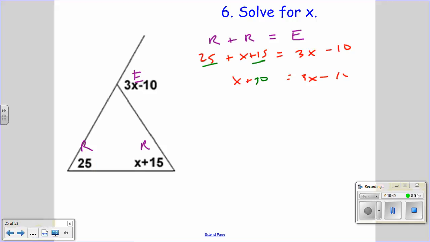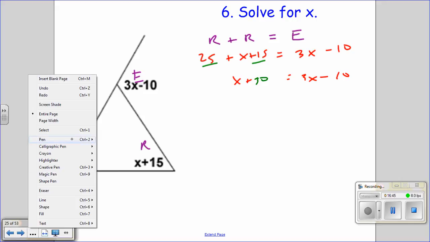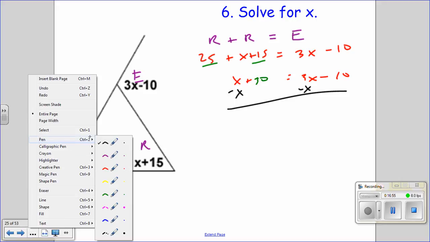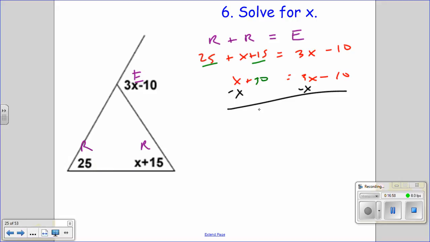And 3x minus 10. The next thing I would do is subtract little brother x from both sides to join him to meet big brother 3x. Which would leave me with 30 is equal to 2x minus 10.